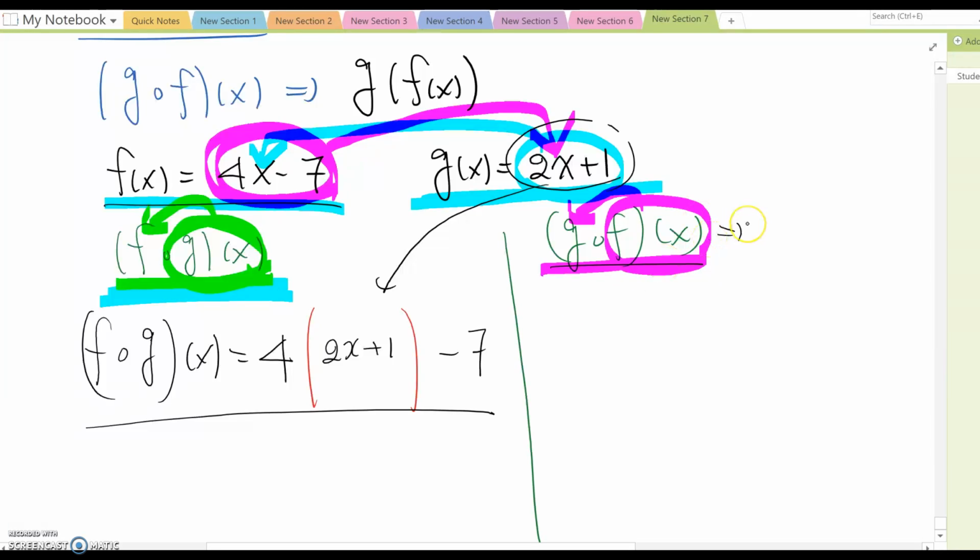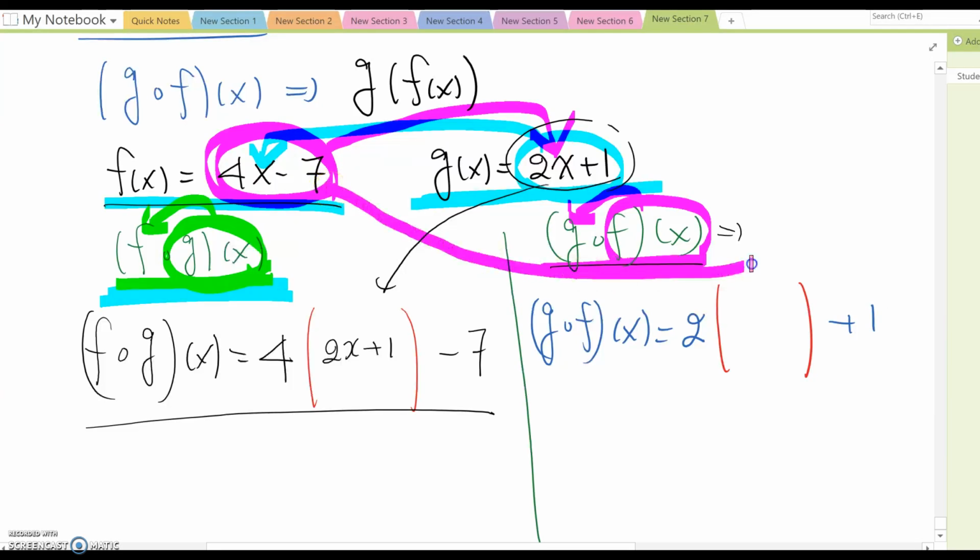So this becomes g open dot f(x) equal to 2x plus 1 like that, and then this value will go here. Therefore, the inside must be 4x minus 7.